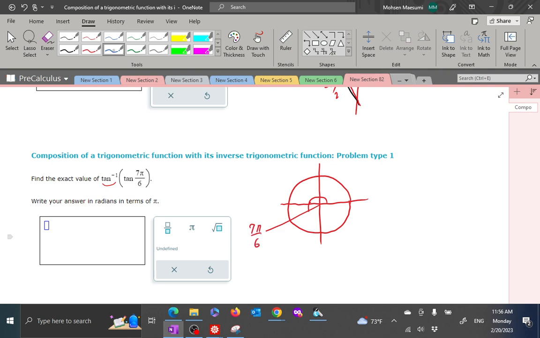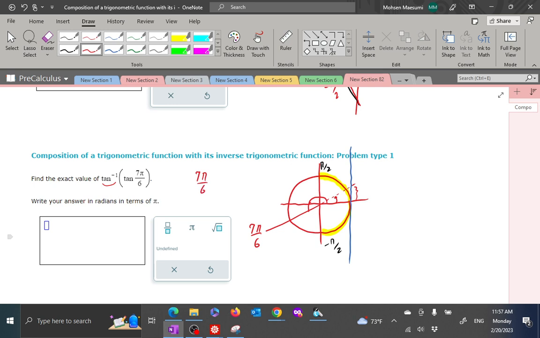What angle in the yellow range, from minus pi over 2 to pi over 2, has the same tangent as this? Well, it's easy. Let me continue to see what the tangent is: radical 3 over 3, but we don't really need to know the actual tangent. The question is, what is this angle?